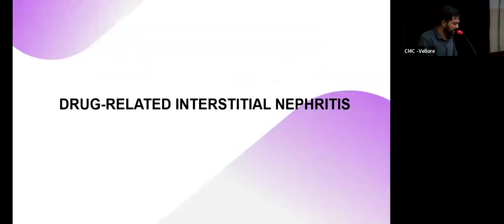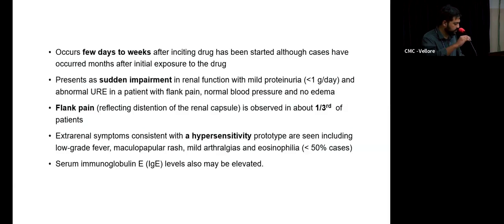Coming to drug-related AIN, previously infections used to be more common in causing AIN. Then we started giving drugs, and infections were superseded by the drugs which we use. Basically, the injury occurs a few days to weeks after the inciting drug has been started, although cases have occurred months after initial exposure.